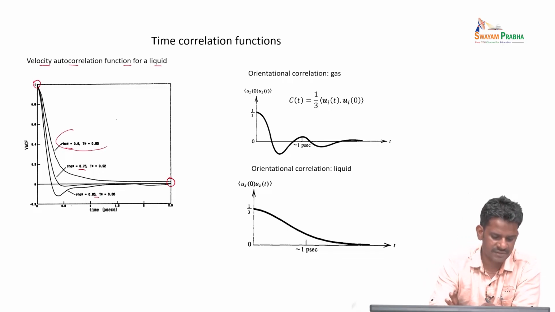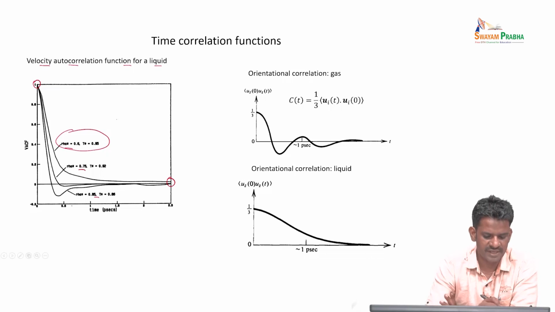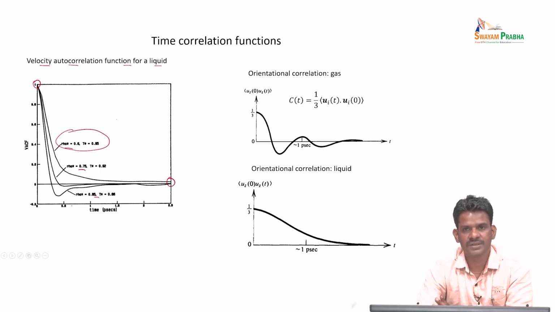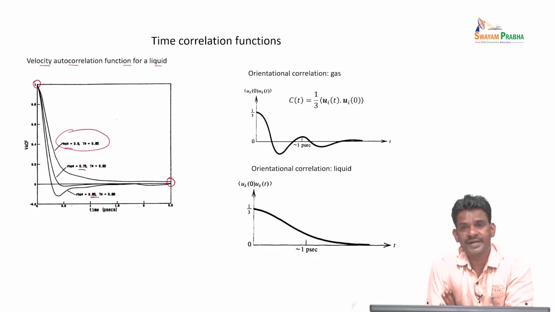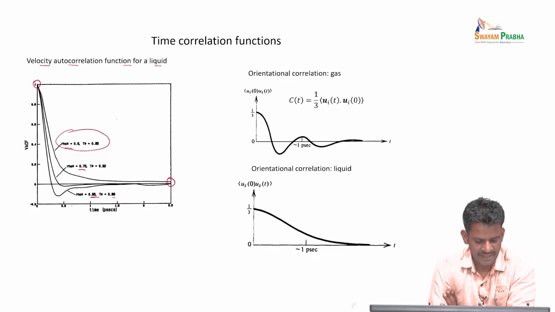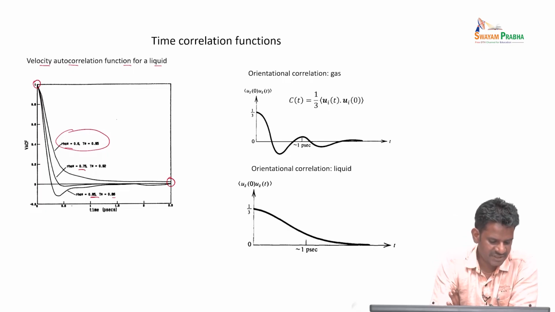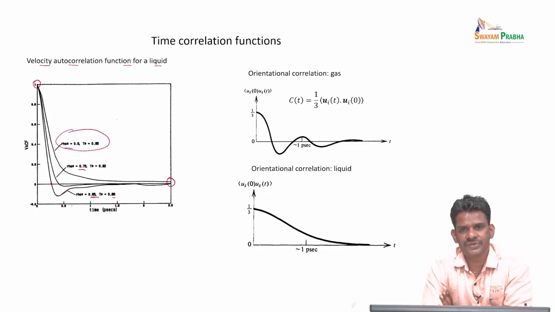For a density of 0.6 and temperature of 0.95, you see a monotonic decay from 1 to 0. Whereas for this curve, corresponding to a density of 0.85 and a temperature of 0.86, the velocity autocorrelation function is positive up to a certain point, then becomes negative, and eventually catches up to 0.